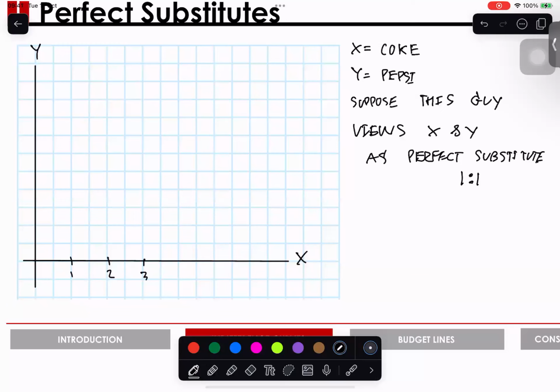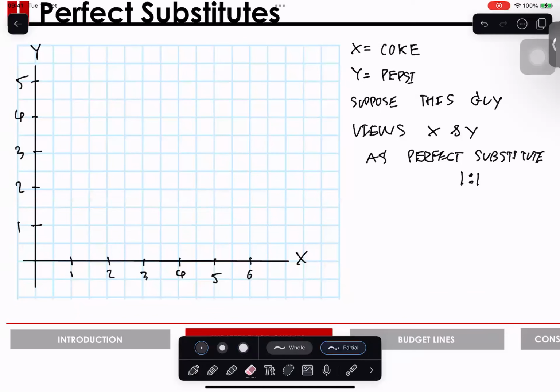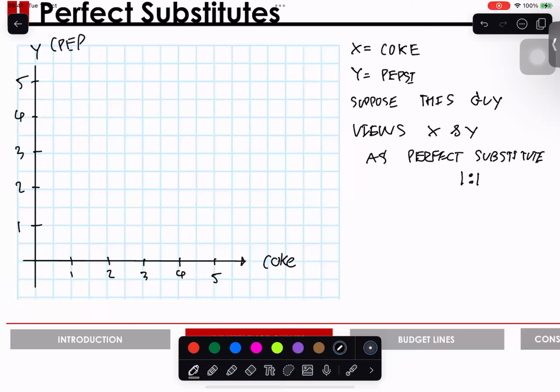Let's have the scale. Number of cans per week in his refrigerator.